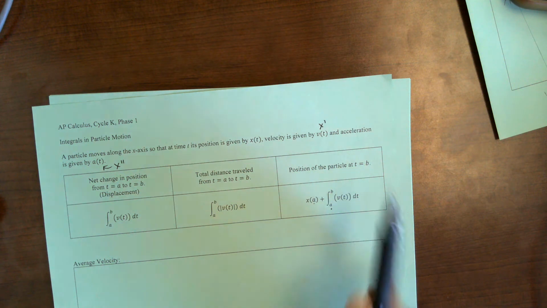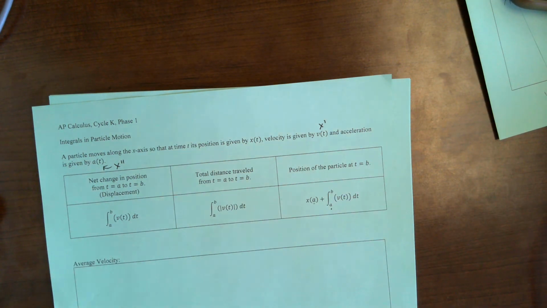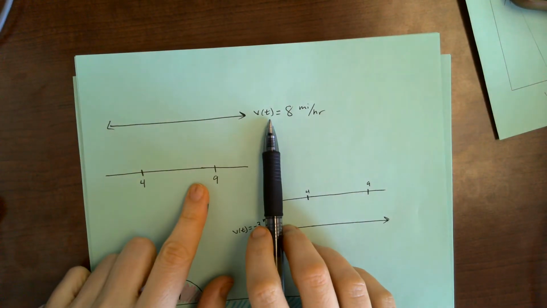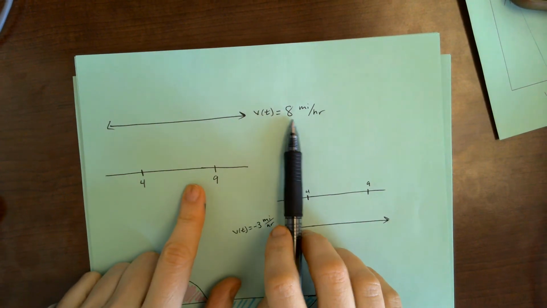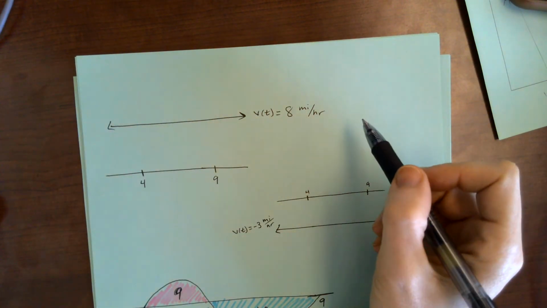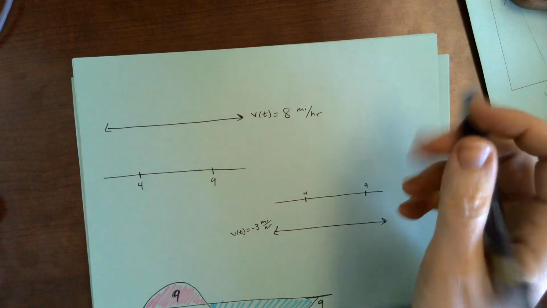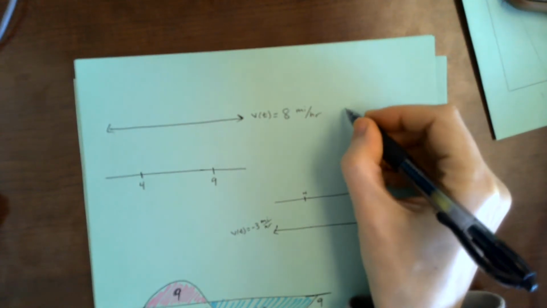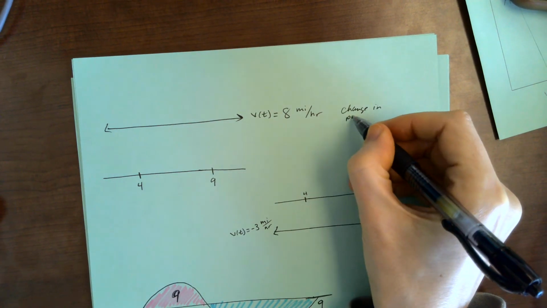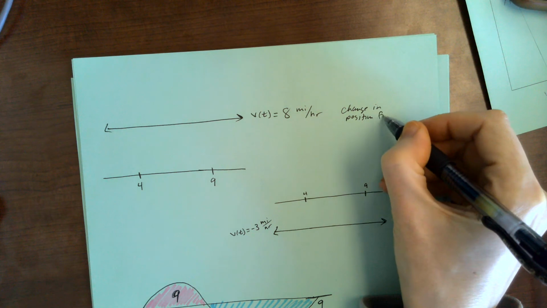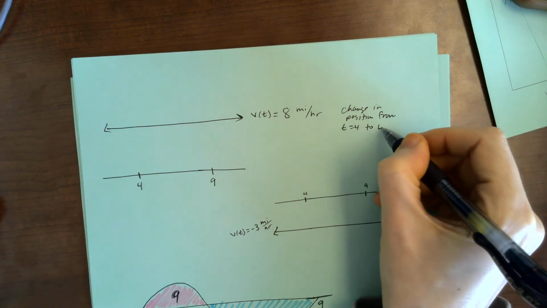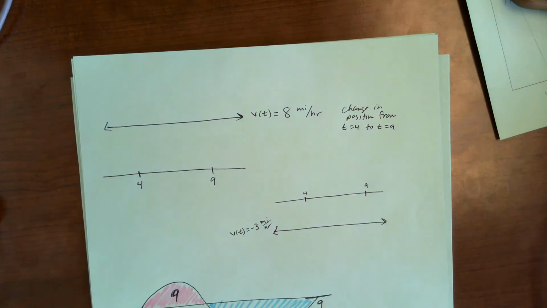Okay, so let me just do a little demonstration. Let's say this is the velocity graph, and it's constant, 8 miles per hour. And I want to know the change in position from t equals 4 to t equals 9.